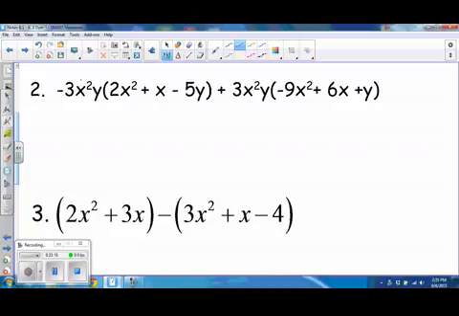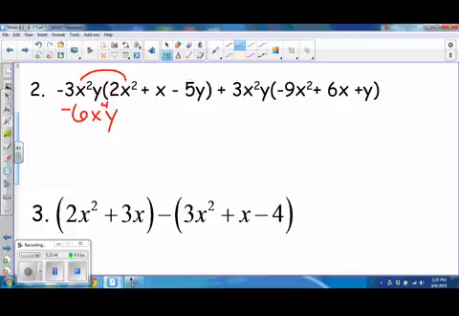So let's do that. Negative 3x squared y times 2x. Multiply your whole numbers. Negative 3 times 2 is negative 6. X squared times x squared is x to the 4th. And then I don't have anything to multiply y by, but it doesn't go away. It's still there.